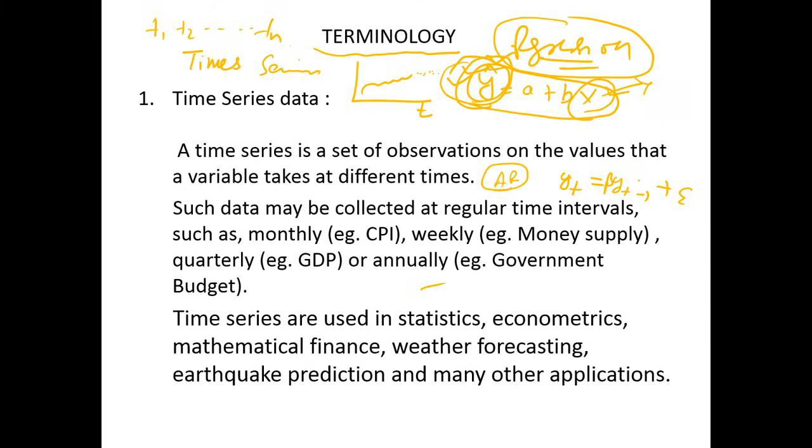You use the past value of the dependent variable as the independent variable. So here is the variable yt, and we are using yt minus 1. You are forecasting the value of y from its past values, so the previous value of y gives the future value of y, and of course the error term. So this is one way of doing time series forecasting.